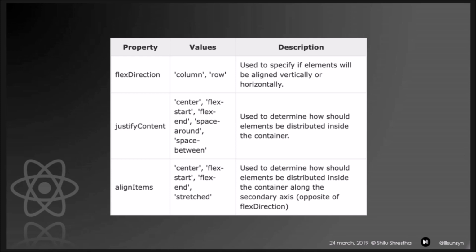If you simply learn this, you can start building your app seamlessly. Align items and justify content, you can use them together for arranging your elements horizontally, vertically, and along rows or columns.